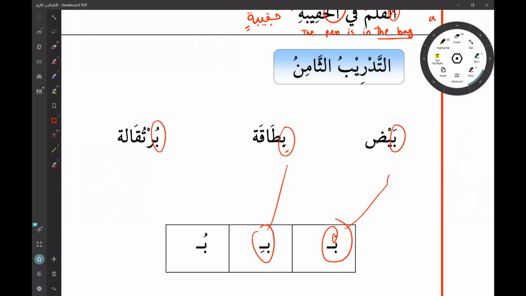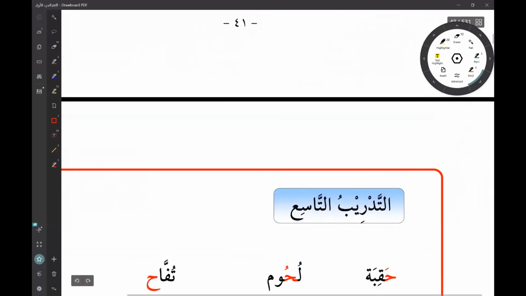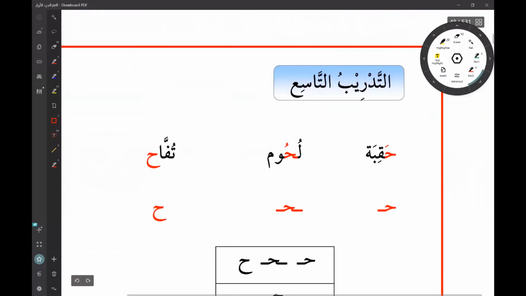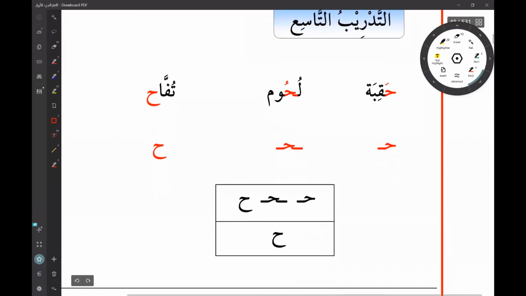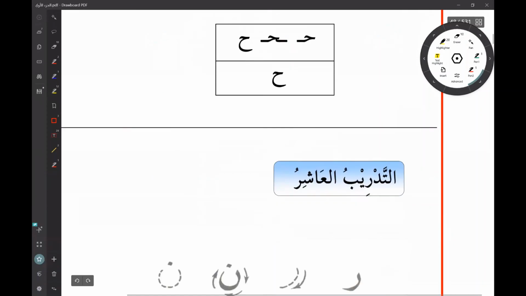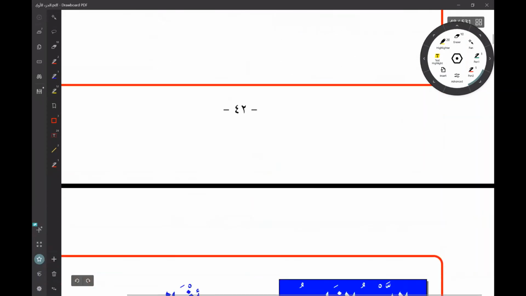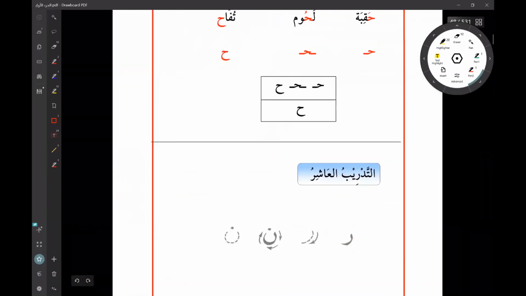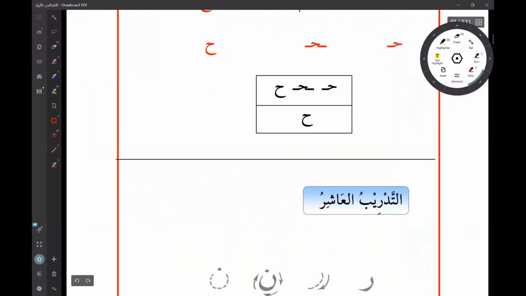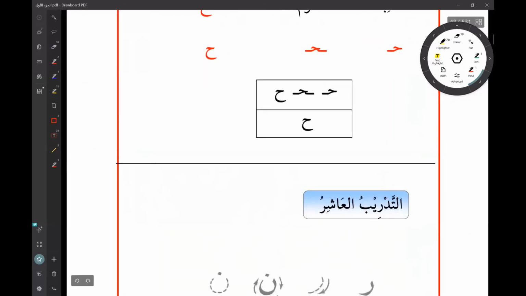So make sure you understand all three of these words. Tadribu tasi', the ninth exercise, is writing, right? And at-tadribu al-ashir is also writing, right? Okay. So with that, we have reached the end of the lesson.